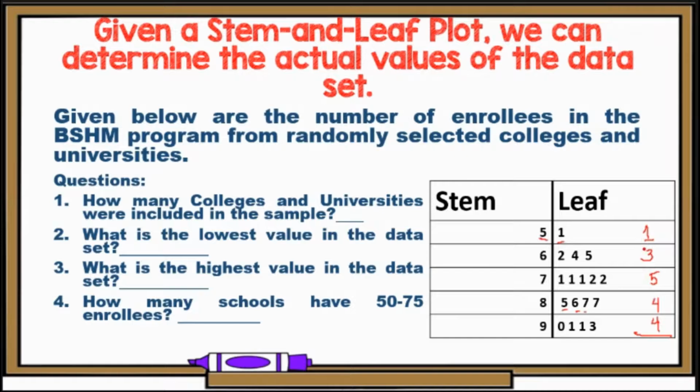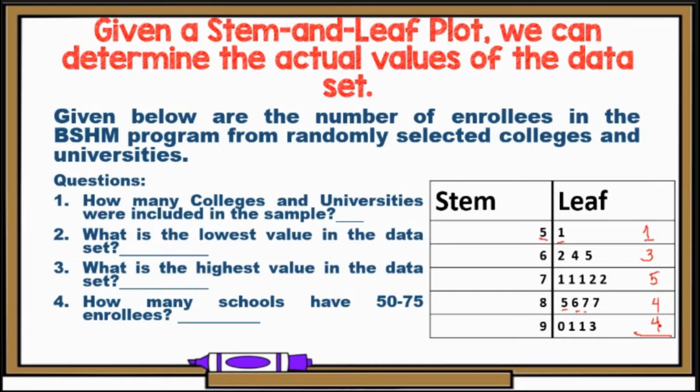Now, how many schools all in all? All you have to do is to count the leaf. So we have 1 plus 3 is 4. Next, plus 5. 9 plus 4 is 13.